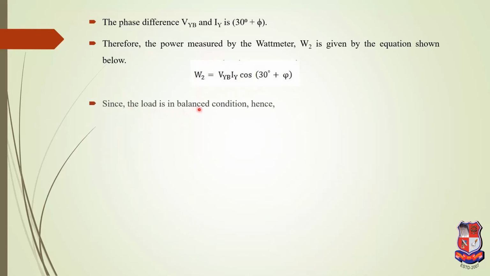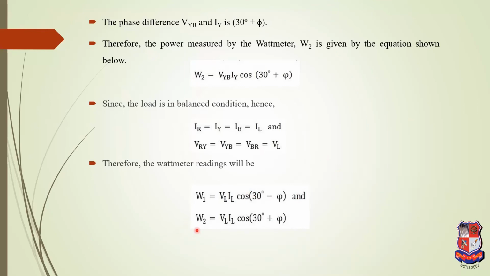Now since the load is in balanced condition, all the currents IR, IY, IB can be replaced by IL, and the voltages VRY, VYB and VBR can be replaced by VL. Now the wattmeter readings W1 and W2: put all these values in equations 1 and 2, then we get VL IL cos(30 minus phi) and VL IL cos(30 plus phi). This is the equation for W1.